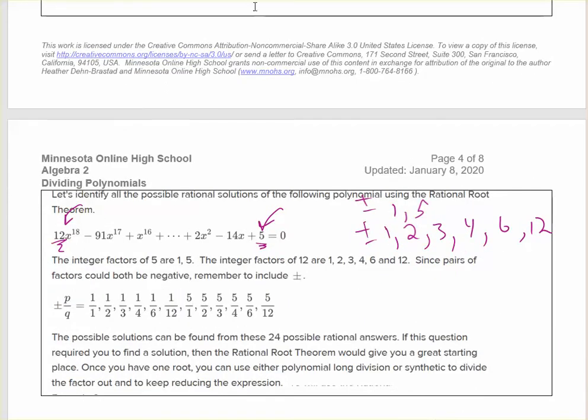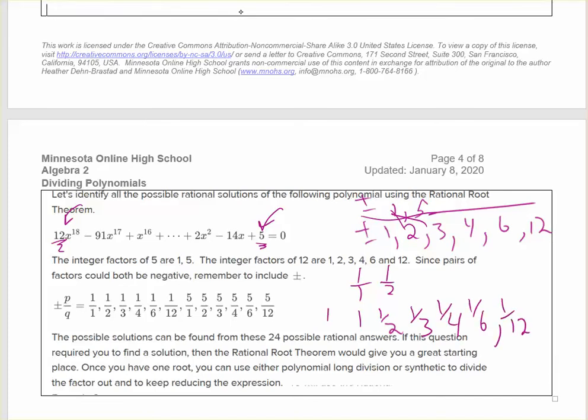Once you have those listed, then you're going to write them as fractions. So it is all of these top numbers divided by all of the bottom numbers. So 1 over 1, well that's just 1. You should simplify these. And then you'd have 1 over 2. That one can't be simplified. Then you'd have 1 over 3, 1 over 4, 1 over 6, and 1 over 12. And these are all plus or minus, because the negatives work too.